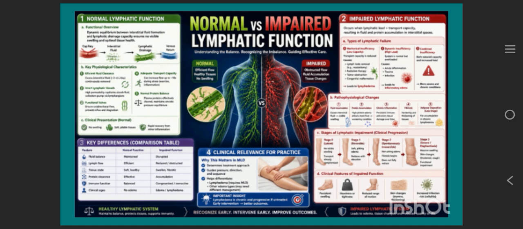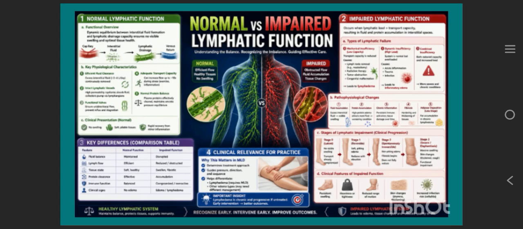Secondly, it guides pressure, direction and sequence. Thirdly, it helps differentiate lymphedema that requires MLD, since other lymphedema types may need different management.